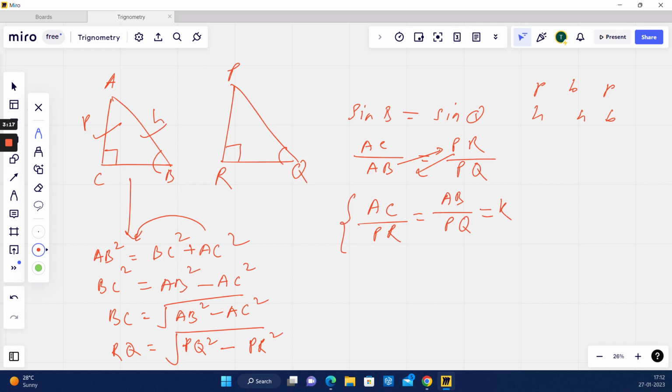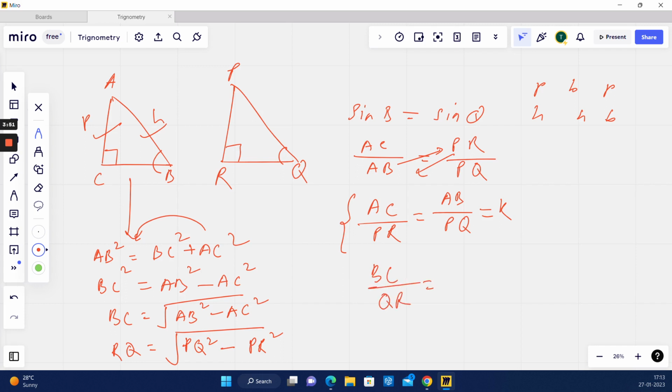If we can show the ratio of the third side is also equal to K, then this will be a similar triangle. So we'll take BC by QR, right?